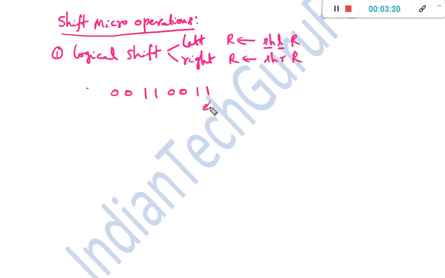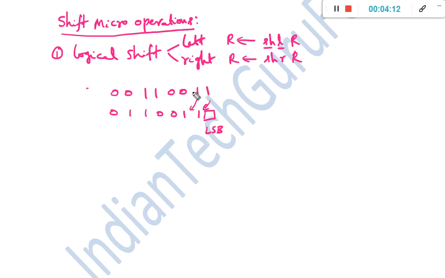From right to left, so this one comes here, this one comes here, giving 0 0 1 1 0. Like this we move all the bits from right to left. Now after moving all the values, there will be one location which is empty. What is that location? The least significant bit.